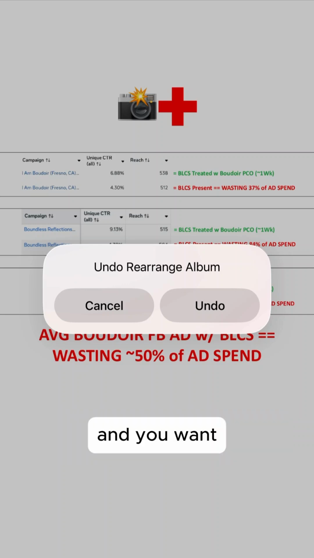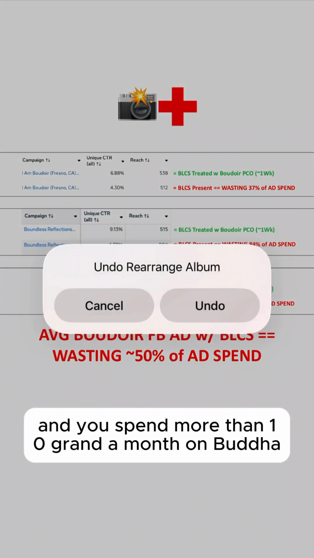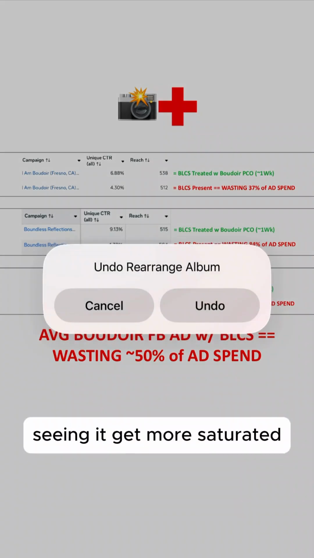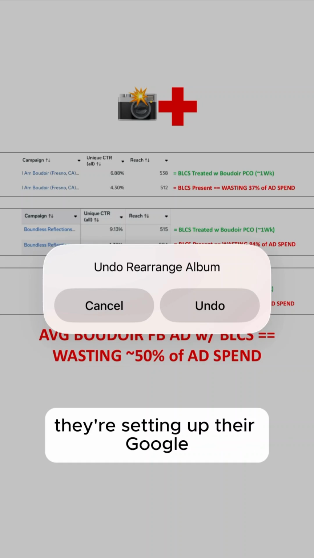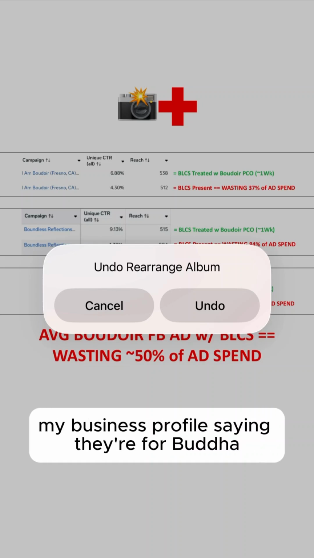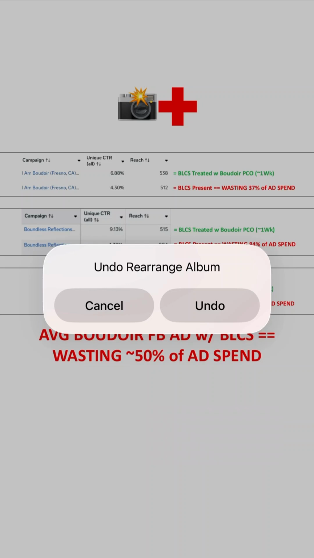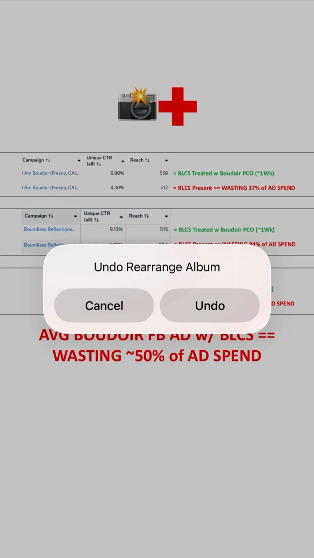All right, so if you're a BLCA with BLCS, so you're a Boudoir low click advertiser with BLCS, and you spend more than 10 grand a month on Boudoir Facebook ads, and you're looking at the marketplace, seeing it get more saturated, it seems like anytime someone gets a new iPhone, they're setting up their Google My Business profile saying they offer Boudoir, or anyone gets a new camera, they're in the mom group saying they offer Boudoir. So you're just seeing the market become more and more saturated for the same number of buyers.